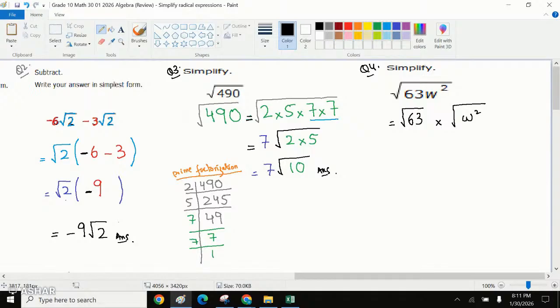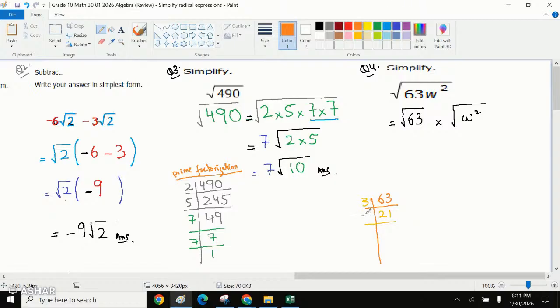Okay, for 63, we need to do the prime factorization. 63 is not an even number, therefore it cannot be divided by 2, right? But let's see if it can be divided by 3. 3 times 21 is 63. 21 is not an even number, therefore it cannot be divided by 2.